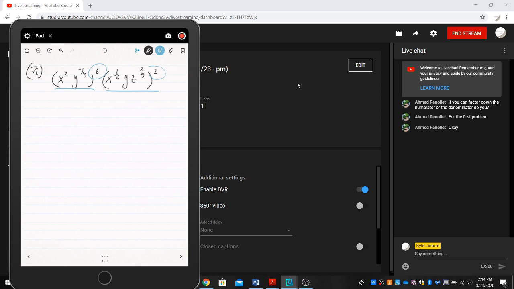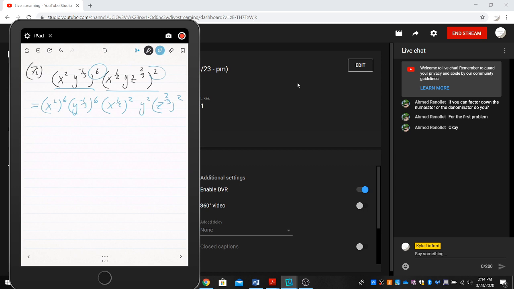So I'm going to apply the 6 to x squared and y to the negative 1/3. And then I'm going to apply the 2 to x to the 1/2, to the y, and z to the 2/3.